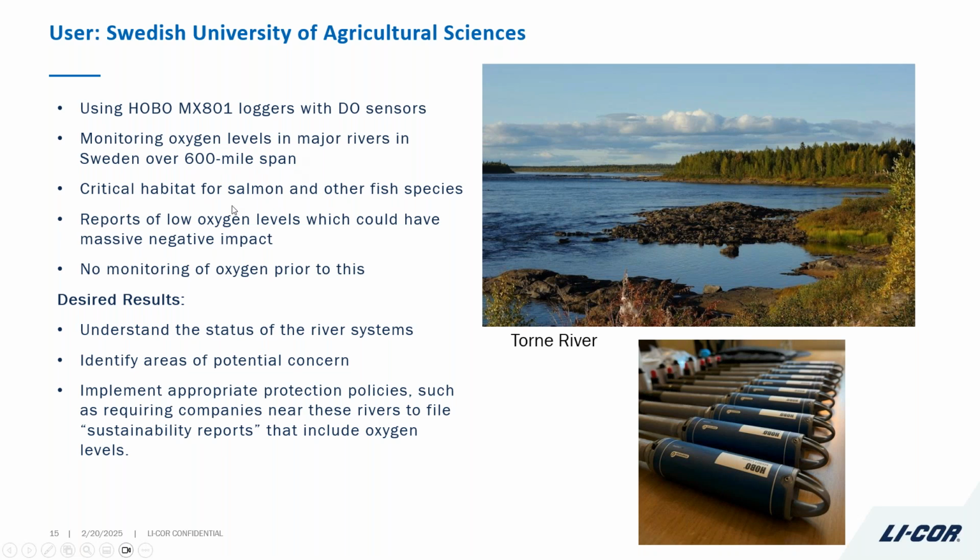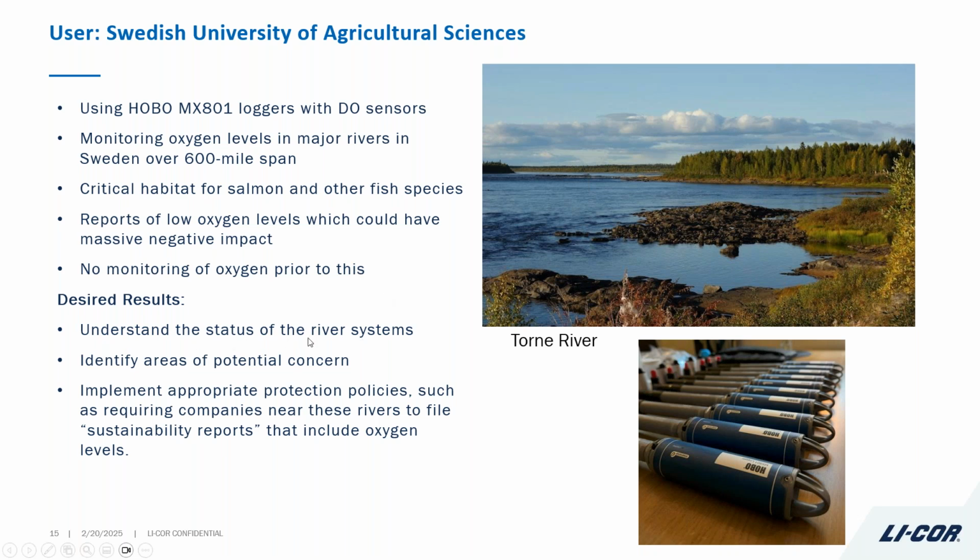They're critical for salmon habitat and other fish species, and they've been hearing reports of low oxygen levels, which could be a major problem if those are to become more common. And there hasn't been monitoring of the oxygen, so they decided it was time to start monitoring the oxygen and getting a better handle on what's happening.